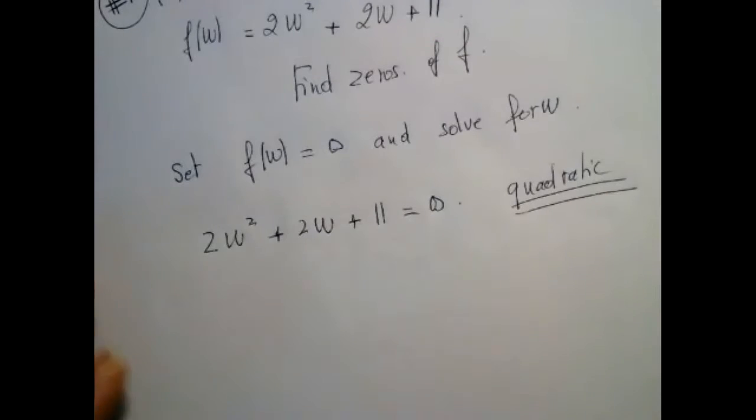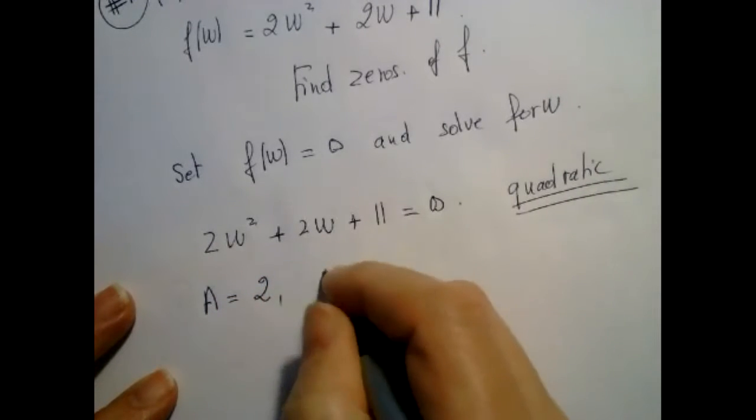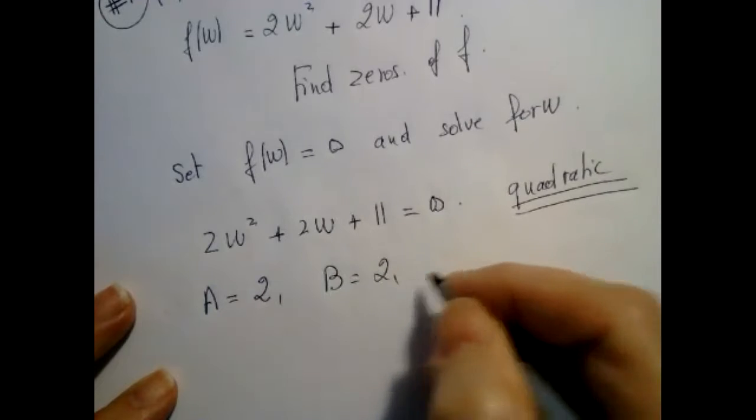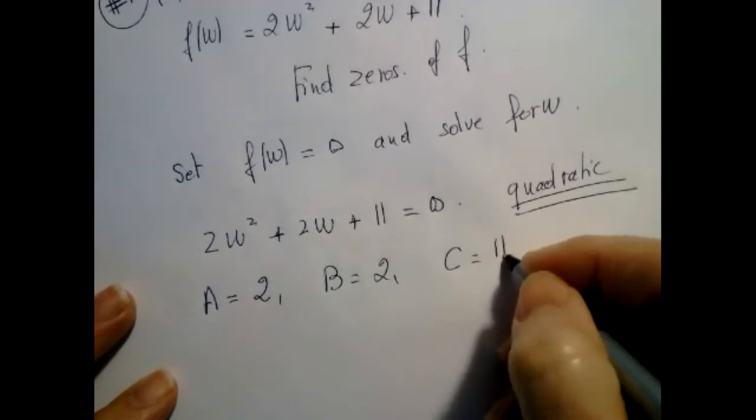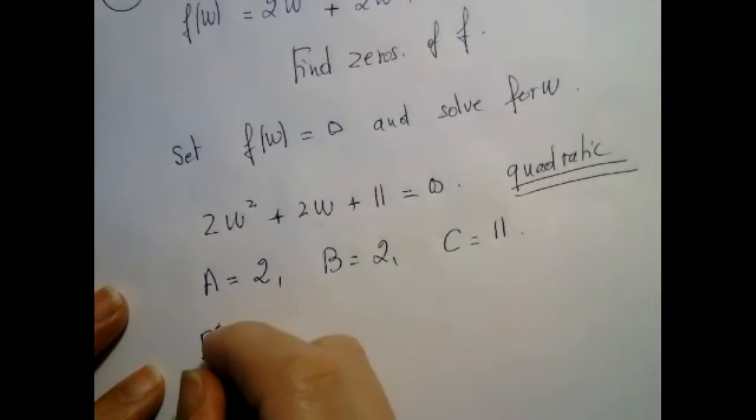So first, my A is 2, my B is 2, and my C is 11. And the quadratic formula involves what we called last time the discriminant.